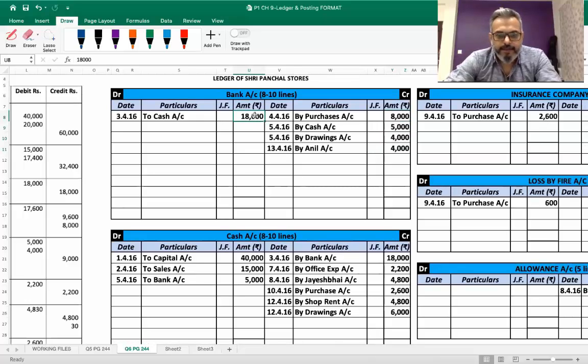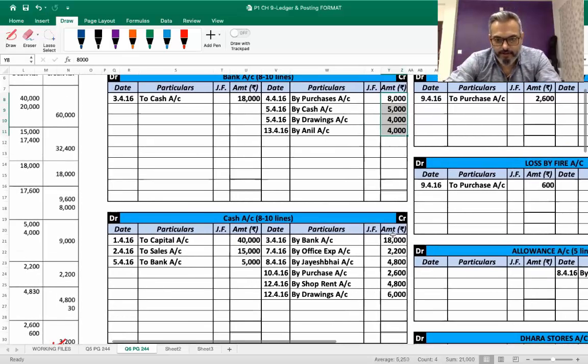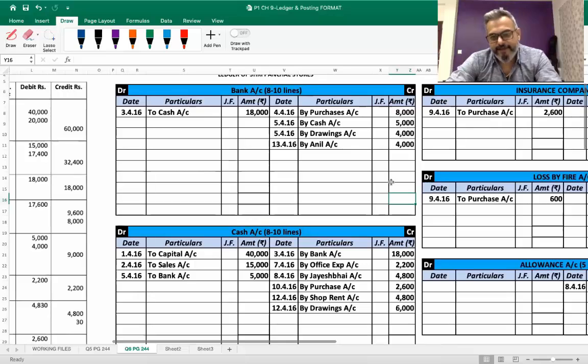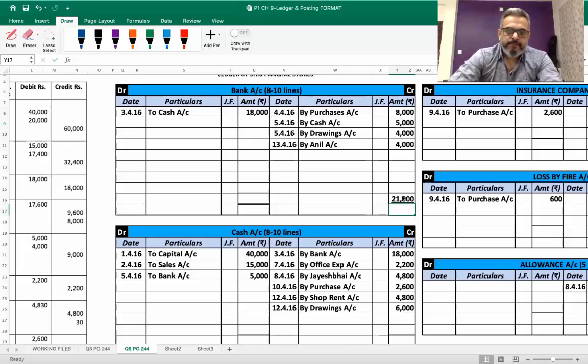As you know, here 18,000 is on the debit side and your credit side is more, it's a bank account. Let's do the total of credit side first. So total of credit side comes to 21,000. Same we write on the debit side 21,000 and we deduct this 18,000, so we get 3,000. Date is 13/4.